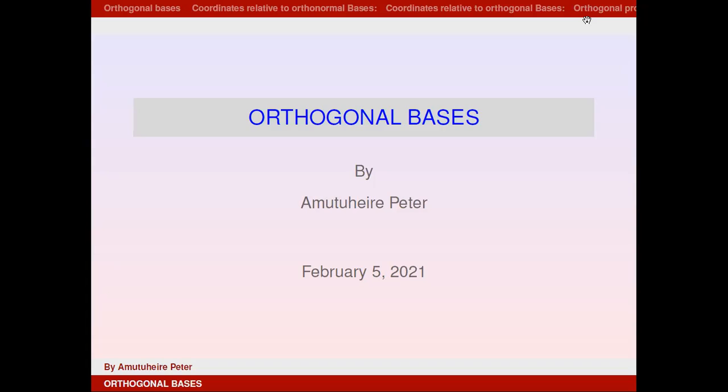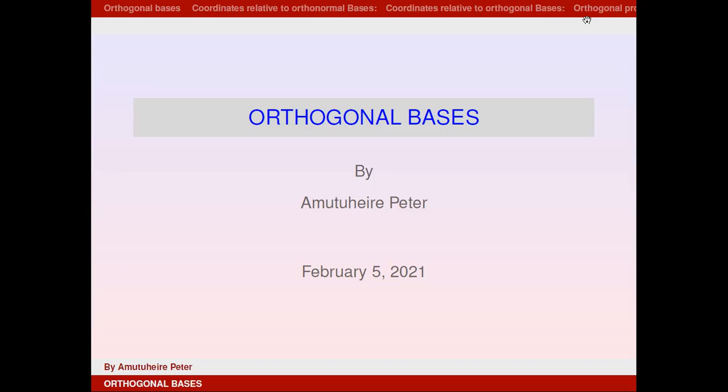Bases is the plural form for basis. So for us to have an inner product space, we must have a vector space V. And that vector space V, one of the properties is that it should have a basis. So in today's lecture, we want to look at how we can make an arbitrary basis for the inner product space V into an orthonormal basis.